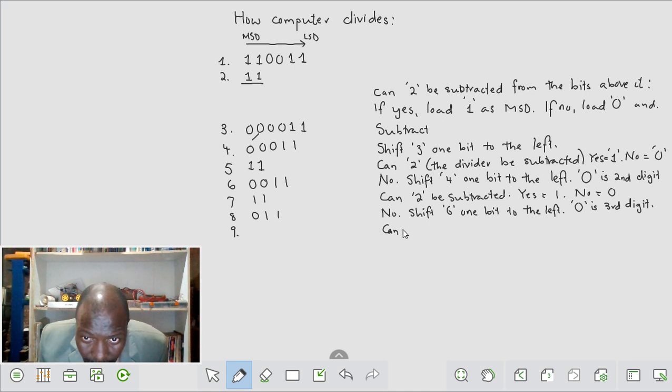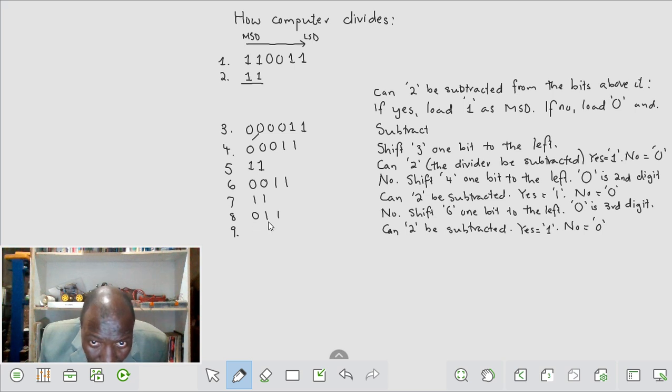can 2, our divider, be subtracted from 6, from 8? Yes is 1, and no is 0.